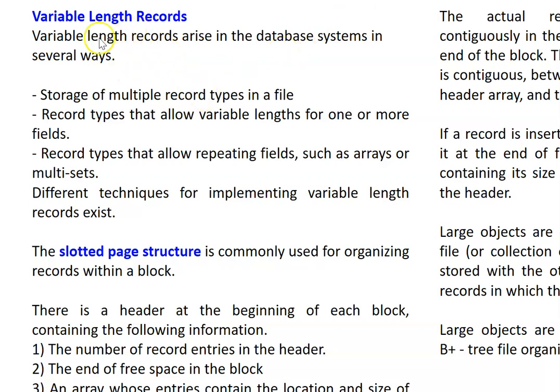Now, variable length records arise in databases in several ways. One, storage of multiple record types in a file. That is, if you have multiple record types, you could have records that have different fields that contain different data.